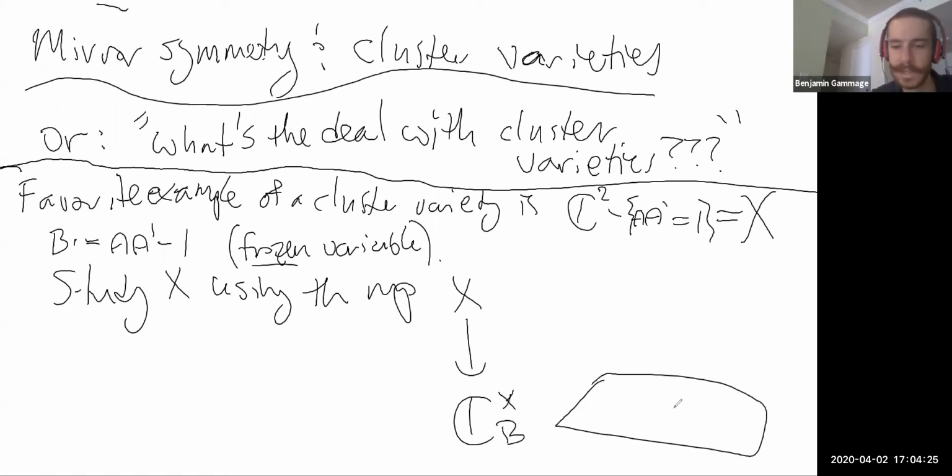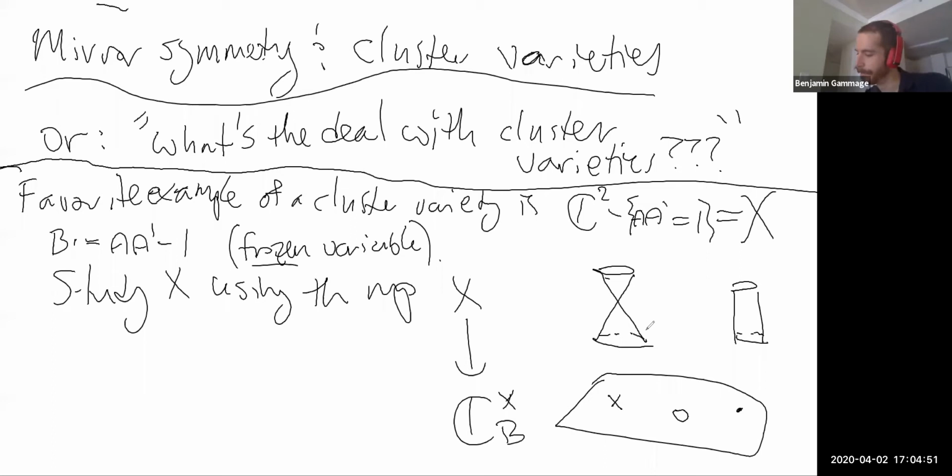Now, if B equals A prime minus 1 is anything other than minus 1, so at a general point of this map, my fiber is going to be a copy of C star. And if B is equal to minus 1, then my fiber is going to develop a node.